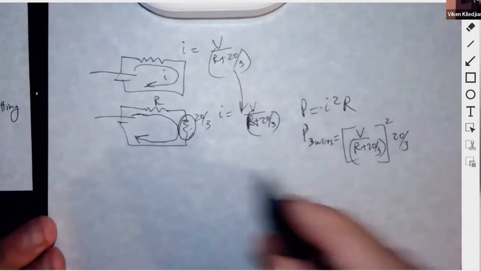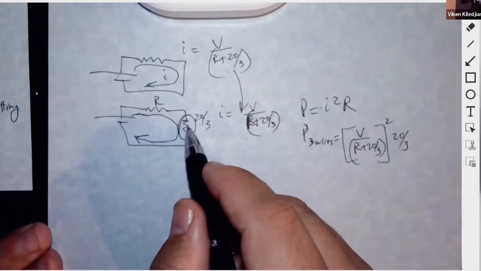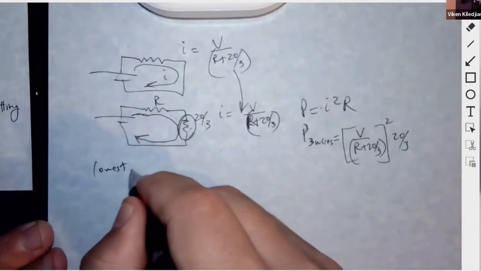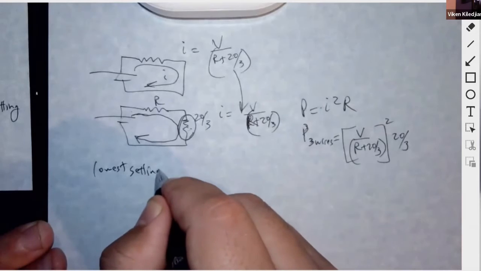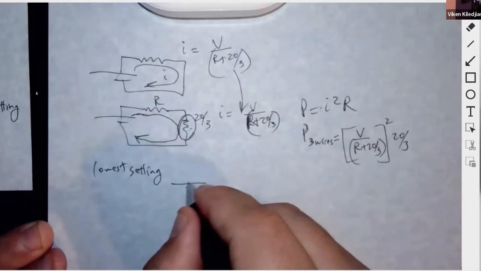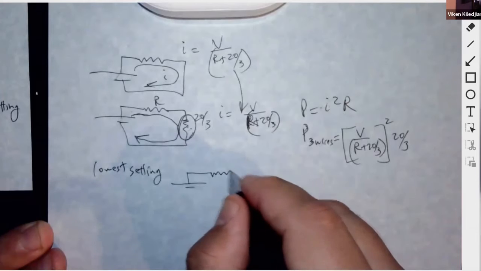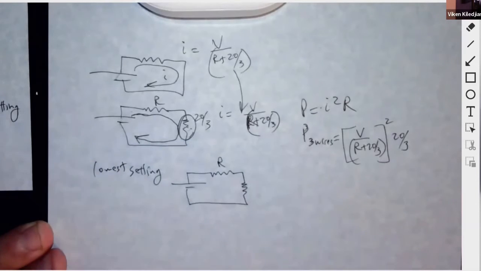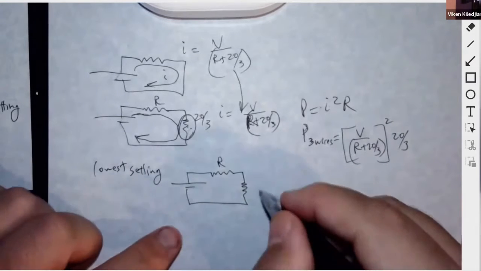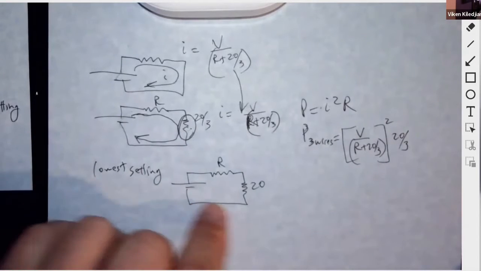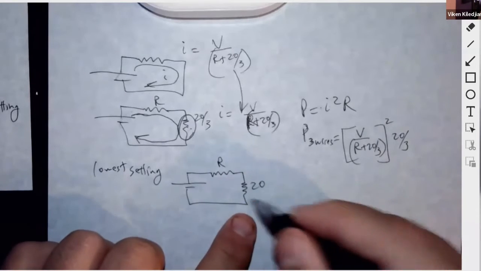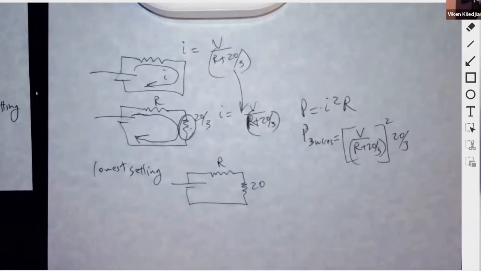So in the lowest setting, what's the resistance of the three wires? Just 20, right? So then what would the net resistance be in that case if it's just 20?